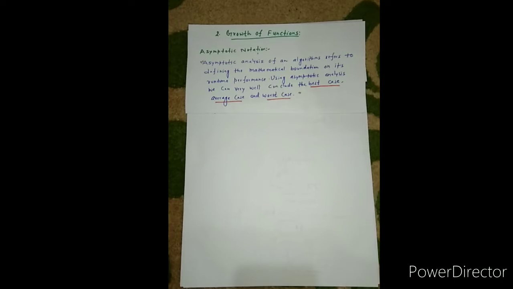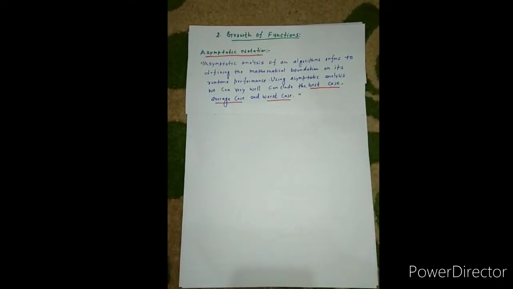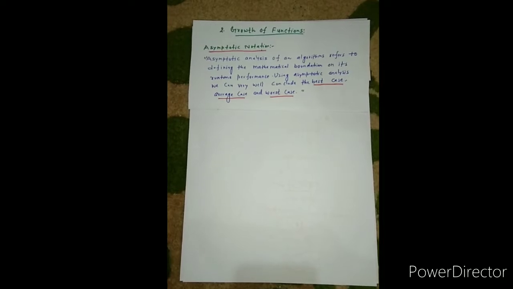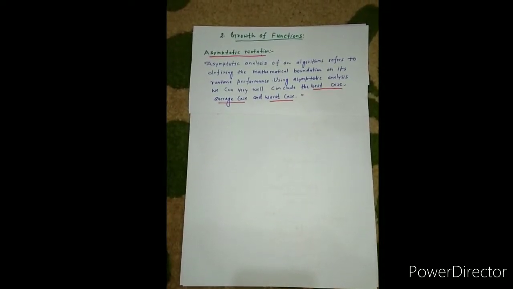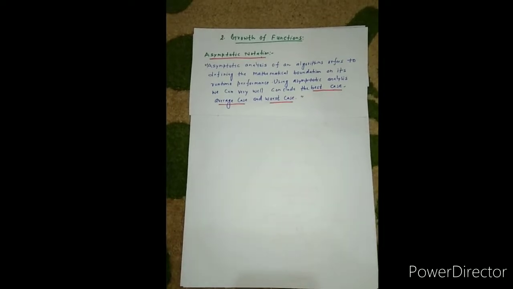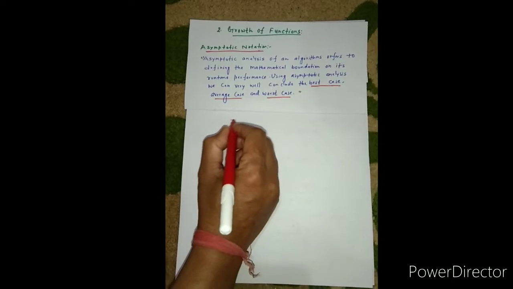So first of all, we will discuss the asymptotic notation. Asymptotic notations are used to find the complexity of an algorithm. If you analyze the algorithm, I am finding the measure of time complexity.